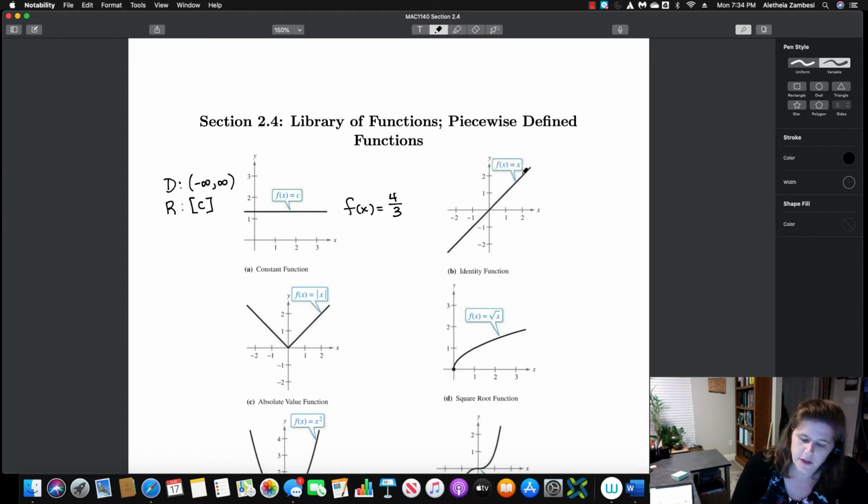But the original function, f of x is equal to x, is the straight diagonal line that goes through points 1, 1, 2, 2, 3, 3, and so on and so forth. Domain and range wise, both negative infinity to infinity on the identity function. Also goes through the origin.